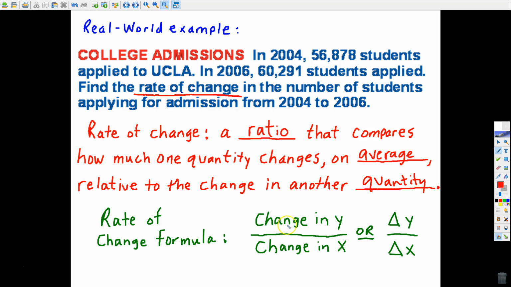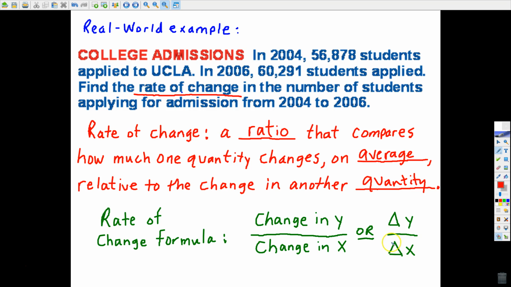And so the rate of change, as long as y represents the dependent variable quantity and x represents the independent variable, then this is the formula that we're going to use. We're going to note the change in the y values, and we're going to divide that by the change in the x values.